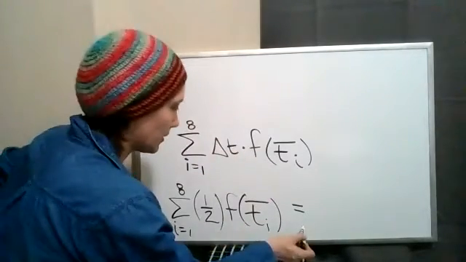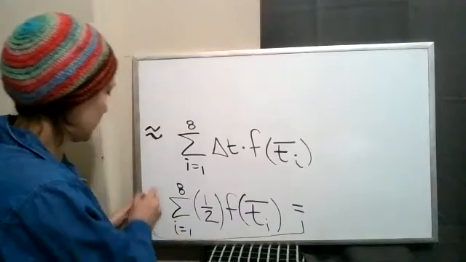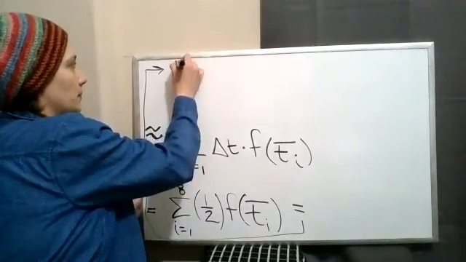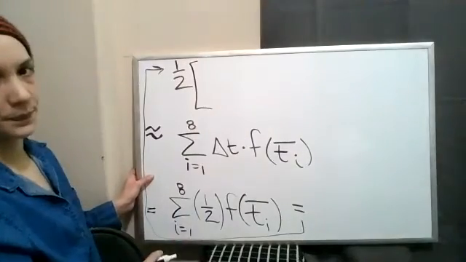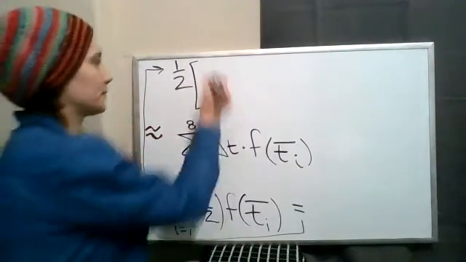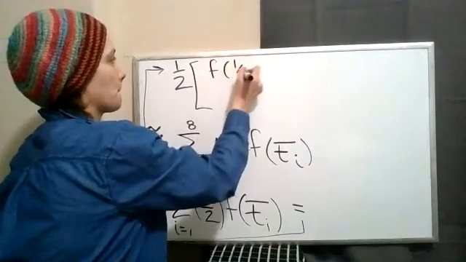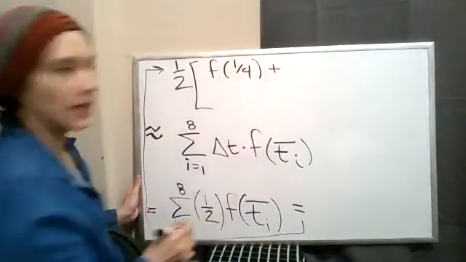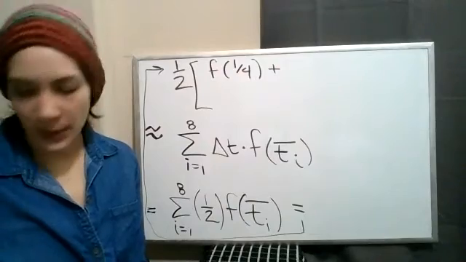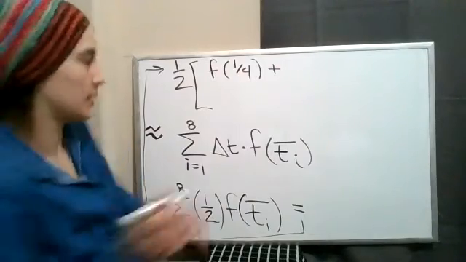Okay, I'm going to go here. 1/2 times f of 1/4 and f of 3/4, and then you evaluate the function at 5/4.